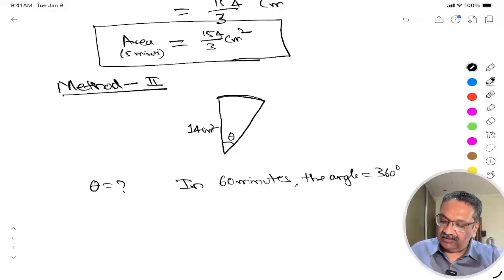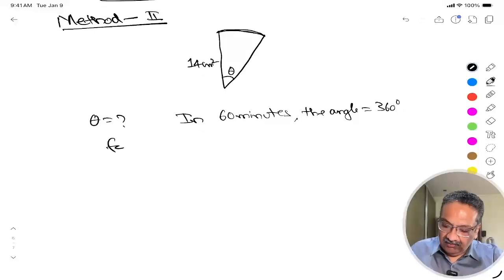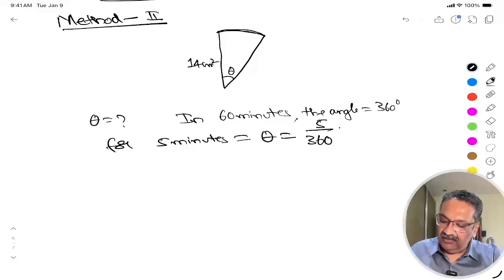360 degrees rotates. In 60 minutes, 360 degrees rotates. Sorry, for 60 minutes it rotates 360 degrees.